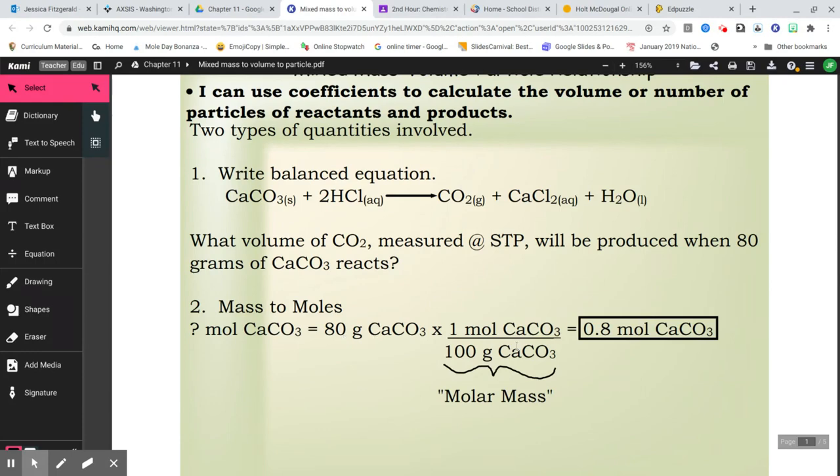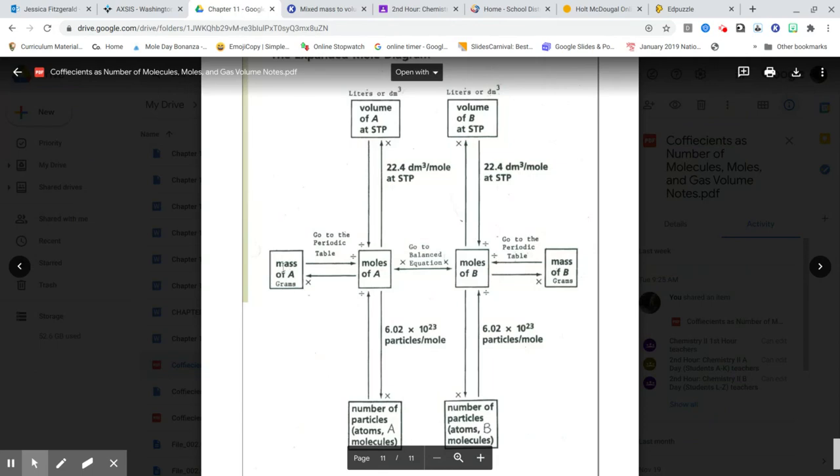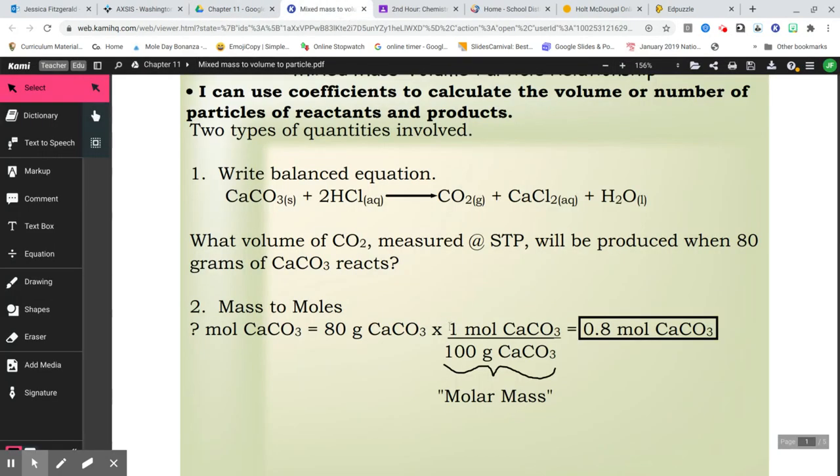We go to our periodic table, find our molar mass of calcium carbonate. And if we look at our mole diagram, we're going mass to moles. So that means moles will end up being on top of our equality. And since the substances are the same, this will be a 1 mole here. And now we've converted to our moles of calcium carbonate or moles of A.